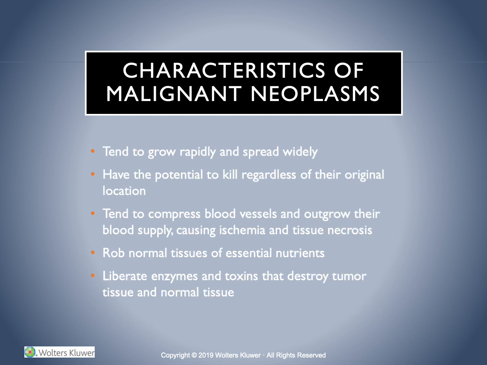Whereas our malignant neoplasms tend to be fast growing, they can potentially kill regardless of where they originated from. They usually tend to encompass some blood vessels, and they rob the normal tissue of their essential nutrients. And they can liberate enzymes and toxins that can destroy tumor tissue and normal tissue as well.